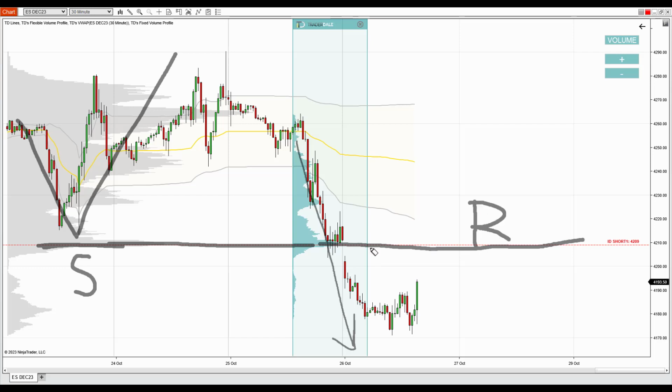This is what happens when a significant support gets breached. It becomes a resistance. Alright, this is a price action setup that I like to use, especially as a combo with volume profile setups. So that's the reasoning why I think that this should work as a resistance and why I'll be trading shorts from here.